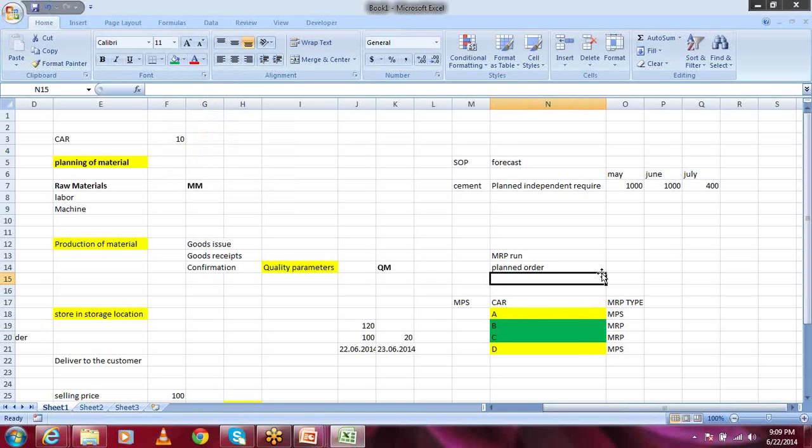The difference is where you maintain the MRP type, so the system plans only those materials. That means when you plan with MPS, you take more care of those materials. More care means without that material you have to stop the machine. You cannot do without it.